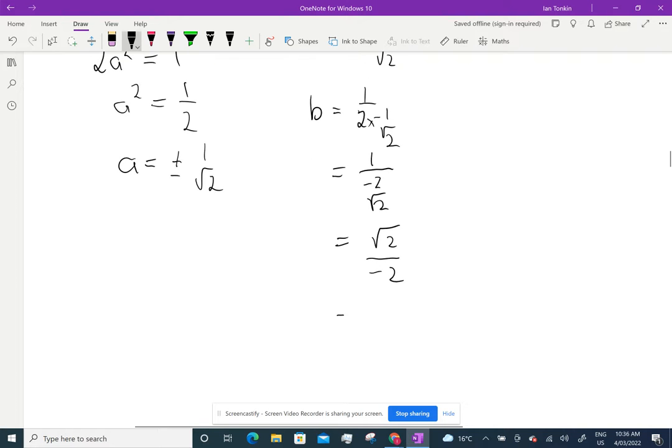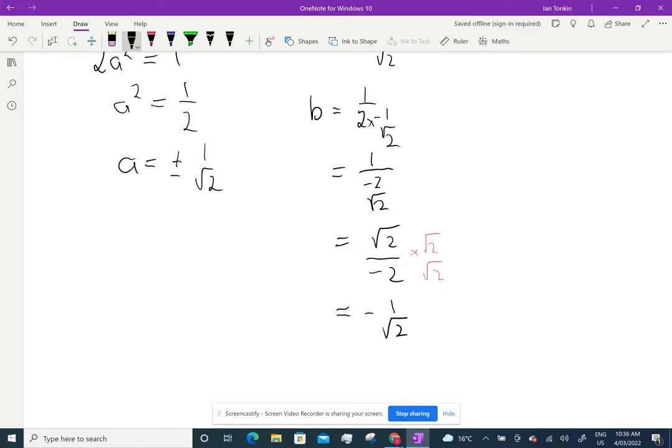This is going to seem strange, but if I multiply top and bottom by root 2, watch what happens, because I'm going to do this again in a minute and I'm not going to go through this again. I get 2 on top and 2 root 2 on the bottom, but that 2 on top would cancel with the 2 on the bottom, and I get negative 1 on root 2.